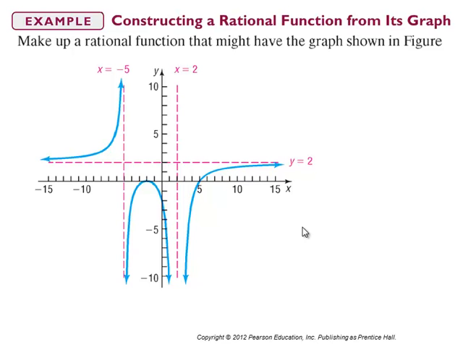Now, let's take a look at this next example, where we're going to kind of work backwards. Kind of an interesting problem. Suppose that we were handed this graph, but we don't know what the function is, and suppose that we need to come up with a rational function that this could be the graph of. So notice a couple of things. Notice that we've got x-intercepts at -2 and at +5.